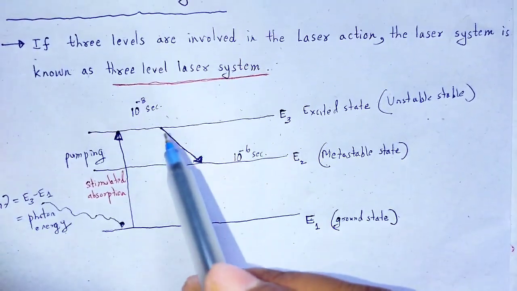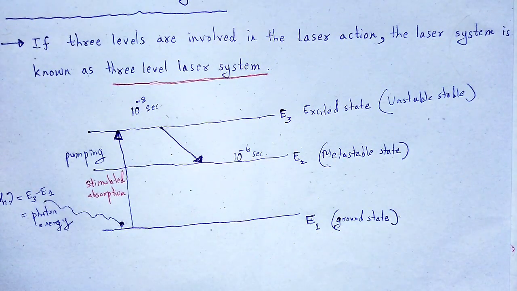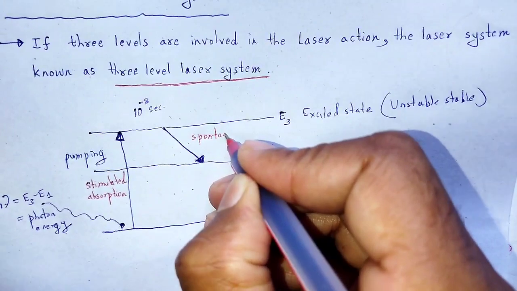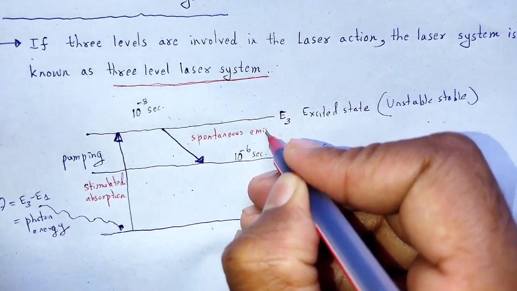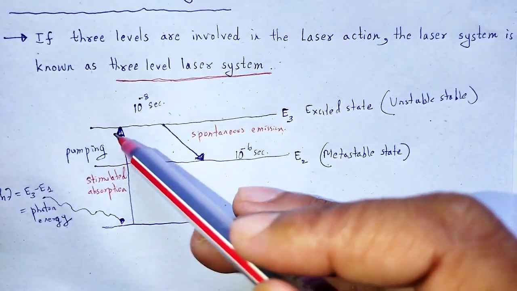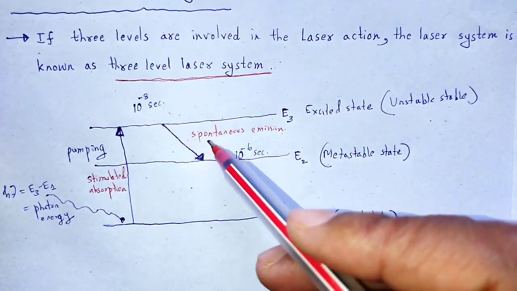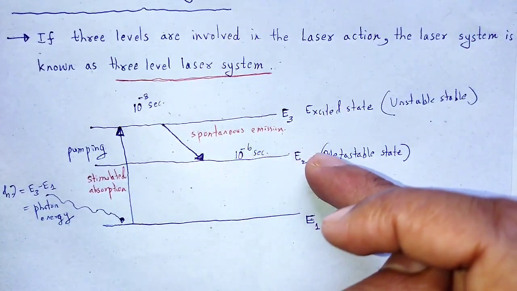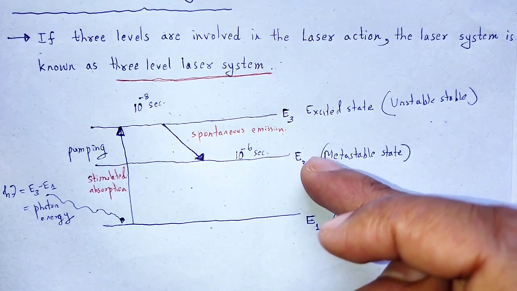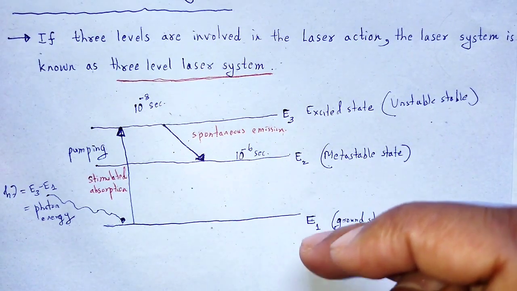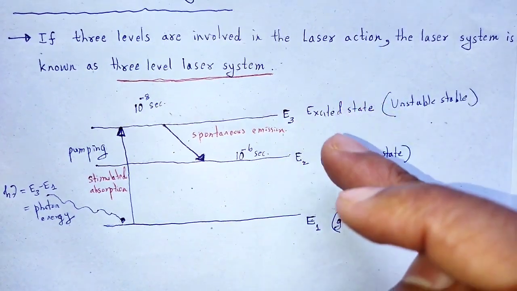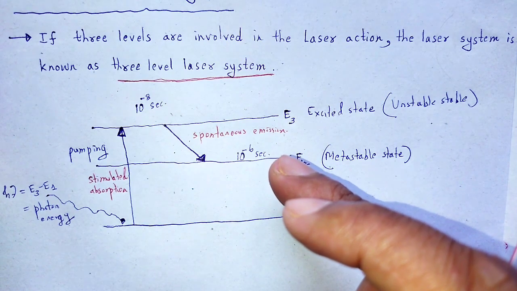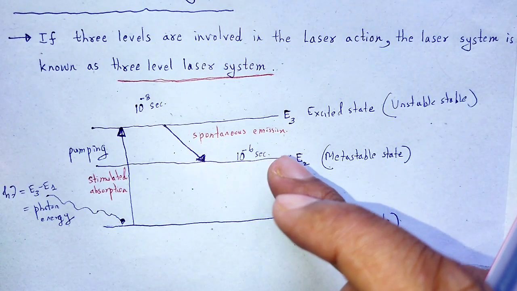From energy level E3 to energy level E2, there will be spontaneous emission. Due to rapid pumping and the time delay between these two levels, the number of atoms at energy level E2 is much more than at E1 and E3, and the process of population inversion holds good.